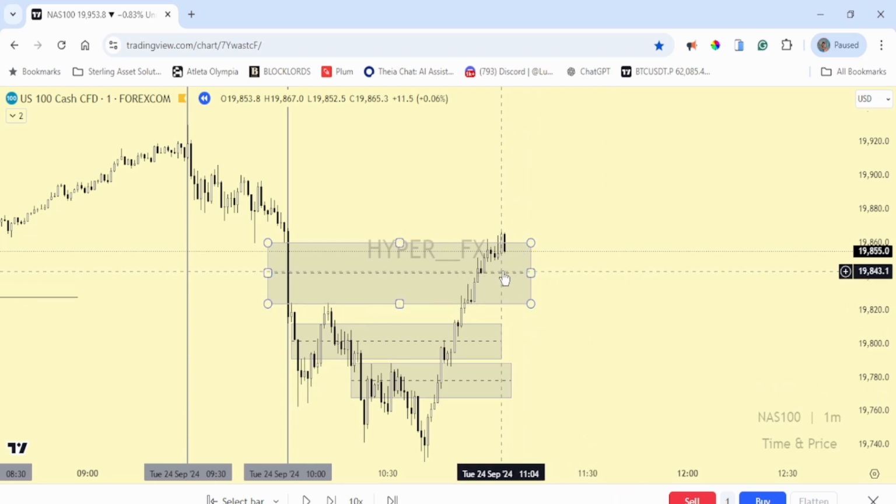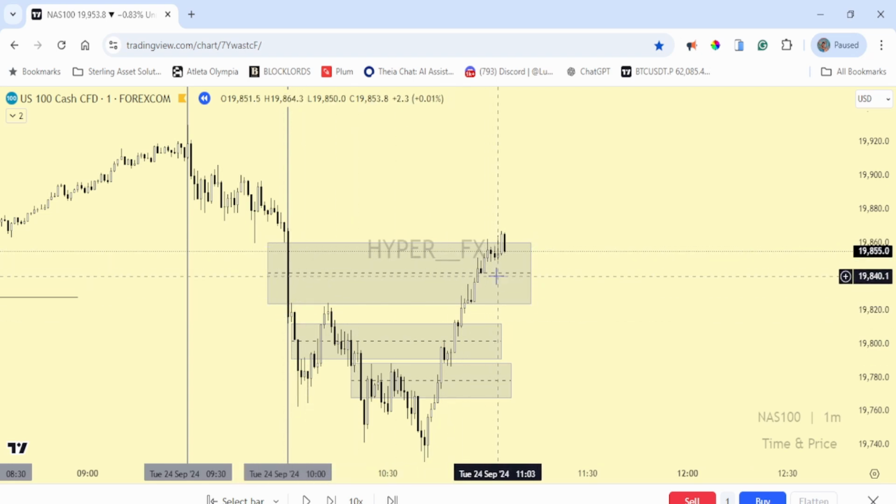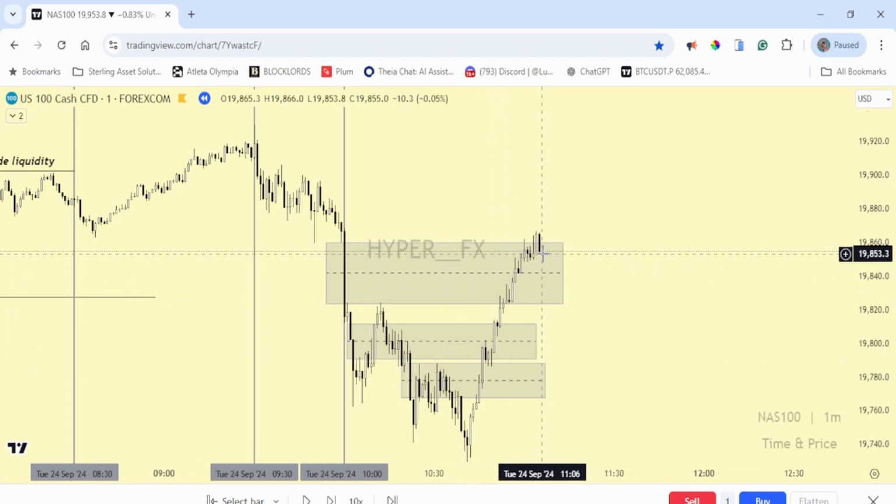Some people will prefer to take a buy position from the middle of this fair value gap, the consequent encroachment. Some people will prefer to see price come down to it to take a bullish position, and some people will prefer to just take a position once they have seen a close above it.